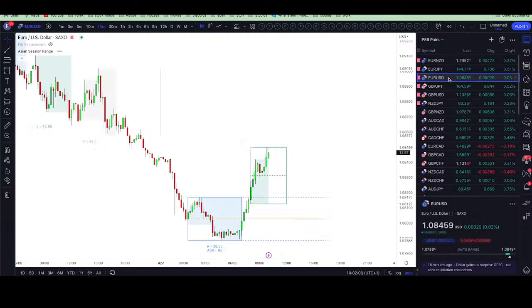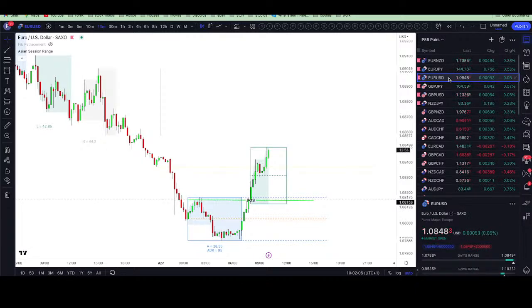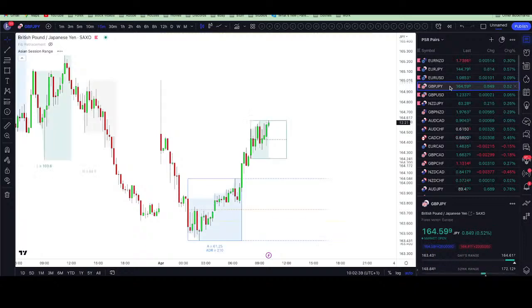Let's see. Ooh, these USDs are flying right now.